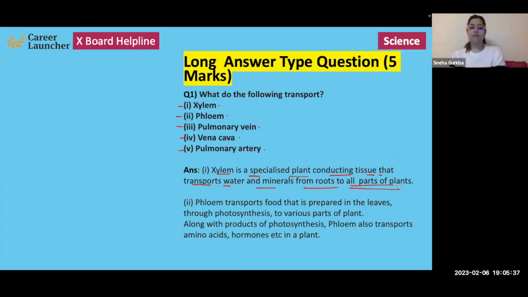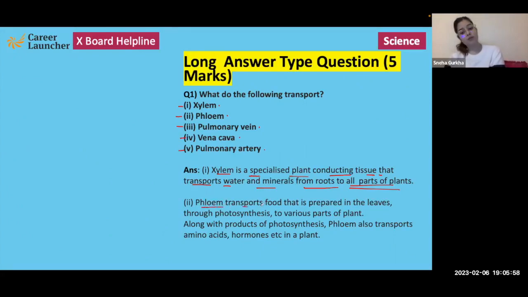So basically, phloem is responsible for the transportation of food. Along with transporting food, phloem is also responsible for transport of certain hormones, certain plant growth regulators, and amino acids. So all these things are also transported by phloem.